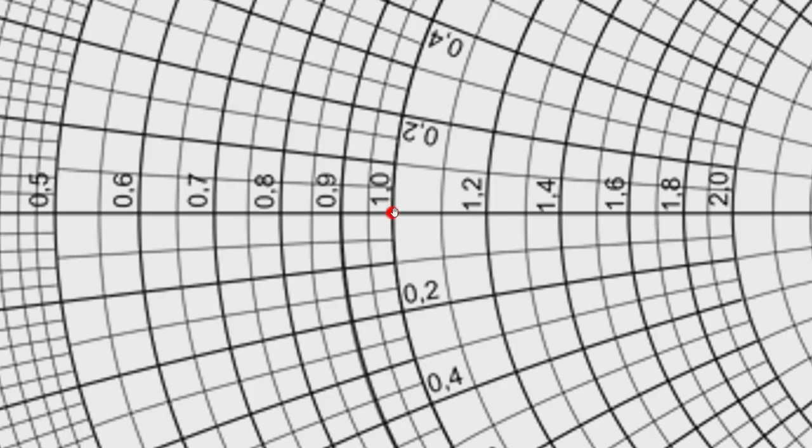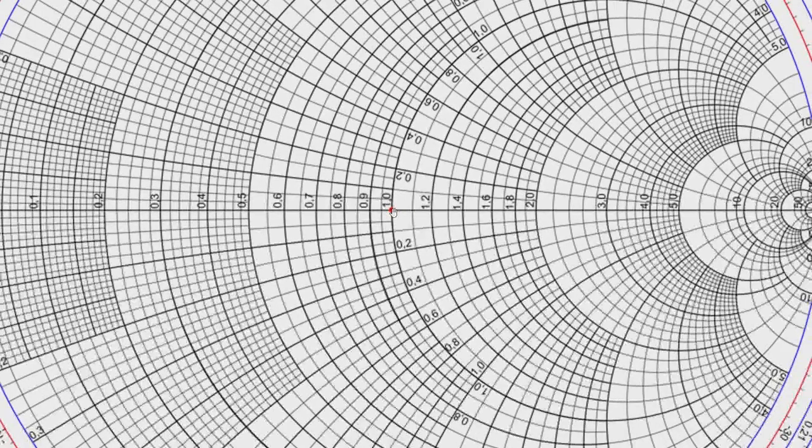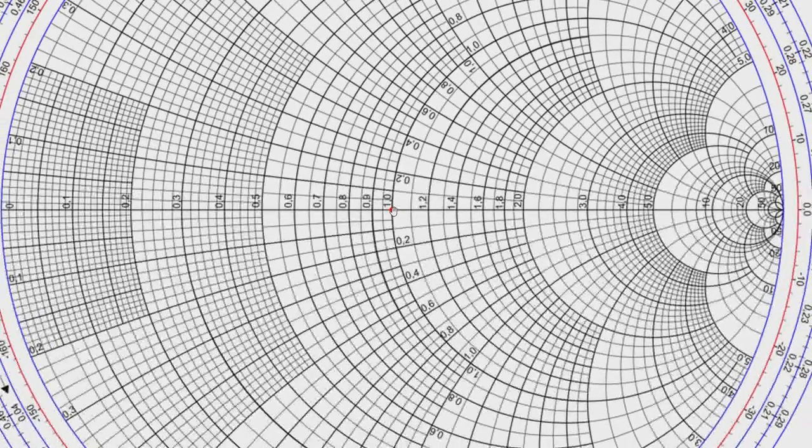If it was a 300 ohm line, that one would represent 300 ohms, and we'd have to take whatever impedance we want and divide it by 300. I got you. So all you're doing is scaling so that one represents your characteristic impedance, and you just scale whatever impedance you're working with. That makes sense.